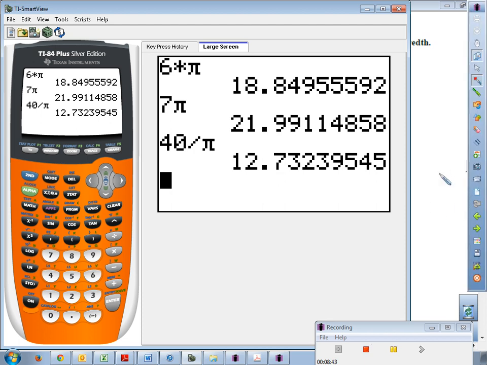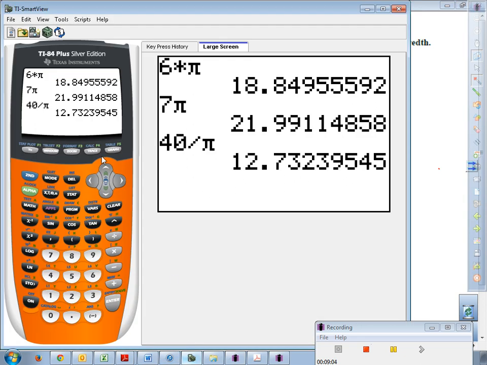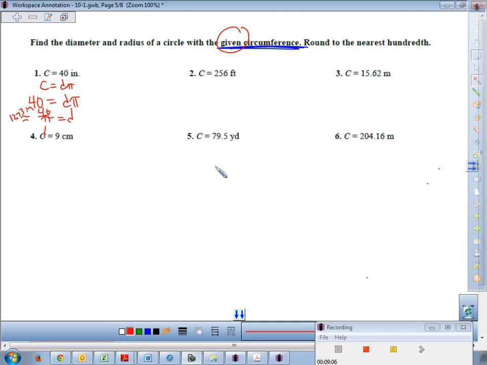But keep that dirty number in your calculator. It's about 12.73 inches, because they also want the radius. So instead of taking 12.73 and dividing by 2, we'll take this dirty number and divide by 2 and get 6.37 for our radius. So the radius is about 6.37 inches.